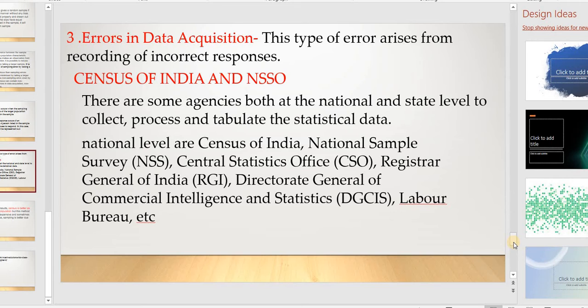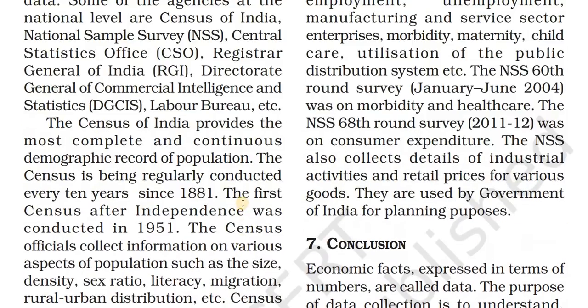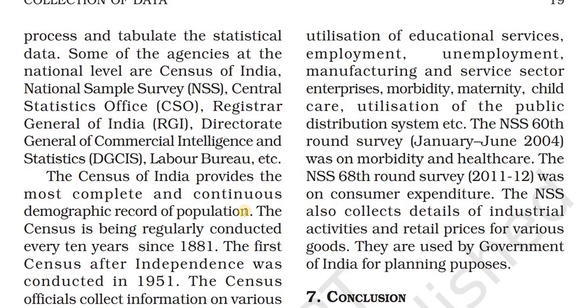These are the main organizations for collecting census data. These agencies will collect the data and conduct surveys, and periodically they will estimate literacy, school enrollment, utilization of educational services, employment, unemployment, manufacturing, maternity, child care, death rate, birth rate, and that data they will analyze and publish.